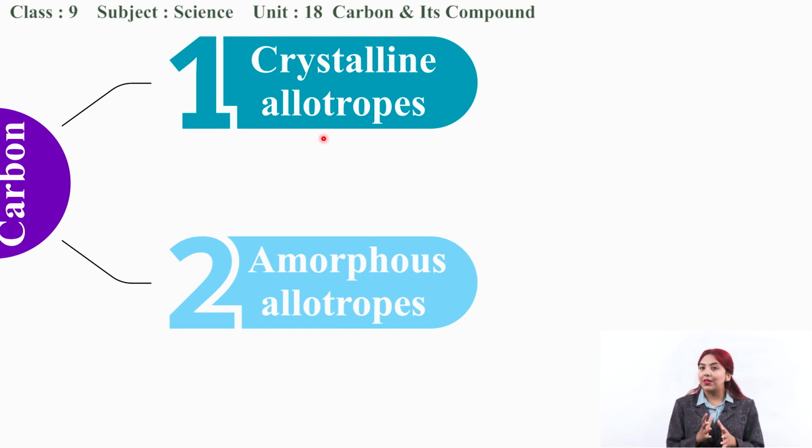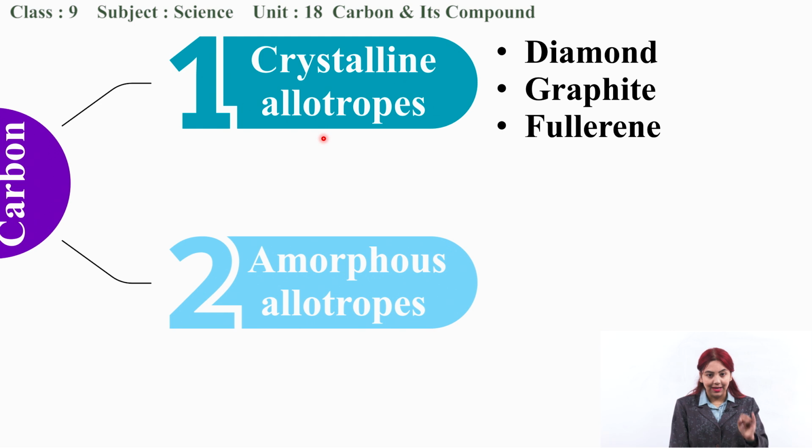Now what was a crystalline allotrope? Yes, those allotropes that had a definite geometrical shape and the atoms were arranged in a regular fashion are called crystalline allotropes. Some of the examples of crystalline allotropes were, yes, diamond, graphite, and fullerene.